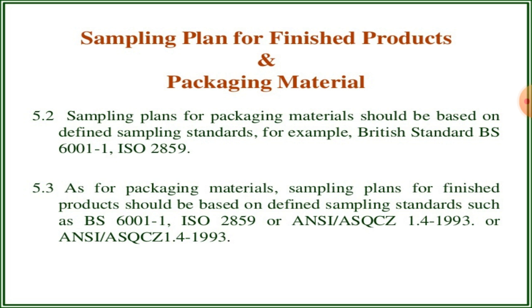As for packaging material, sampling plans for finished products should be based on defined sampling standards such as BS 600121. This is the code of that product or material. Above is the finished product, and second is the packaging product or material.